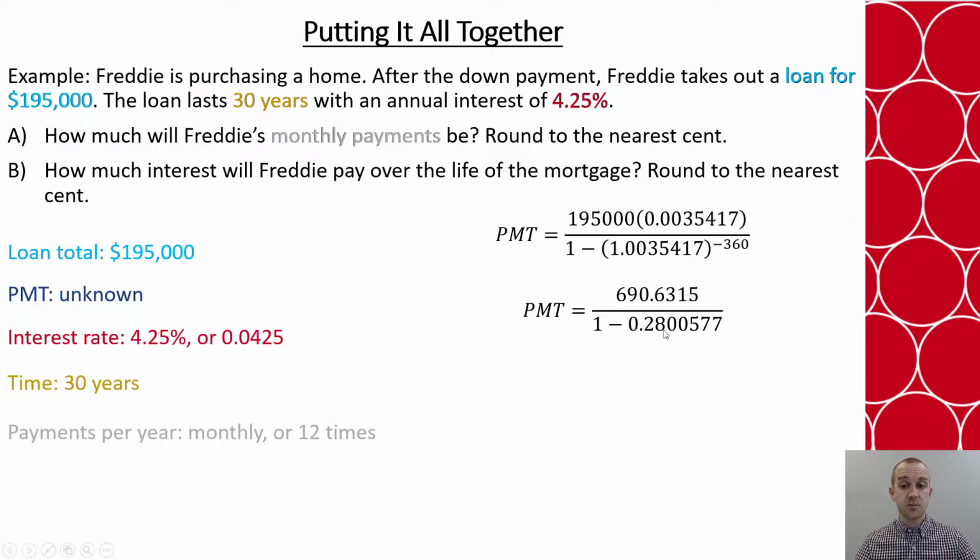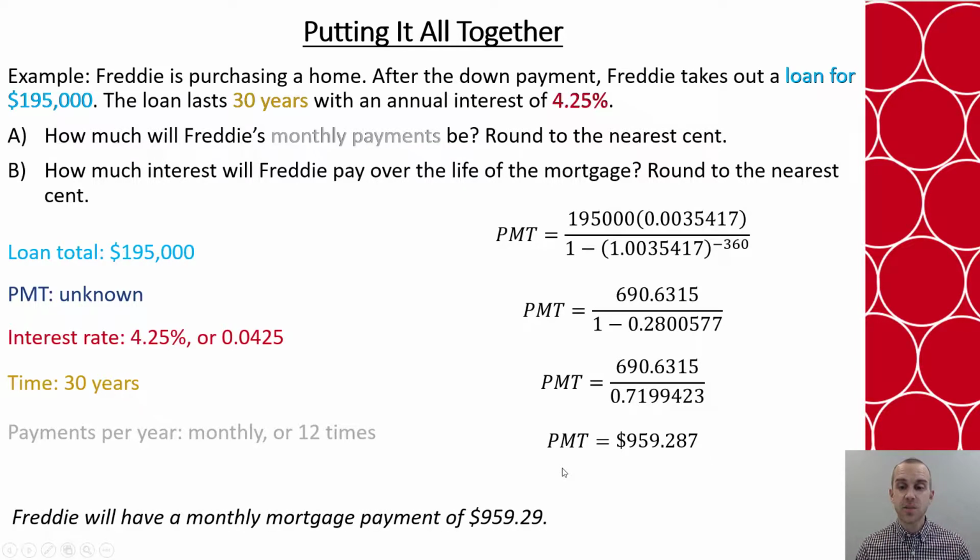Now I can do my subtraction, and finally I can compute the payment by dividing. And this shows that Freddie will pay each month $959.29. And why is it 29? Well, that's 287 thousandths, but I want to round to the hundredth. The 7 tells me to round up, hence why it's 29 cents.